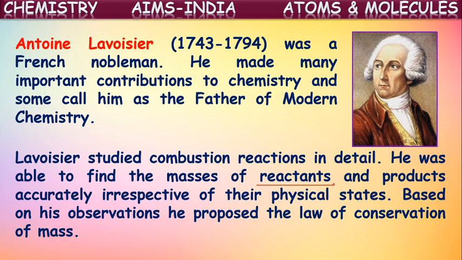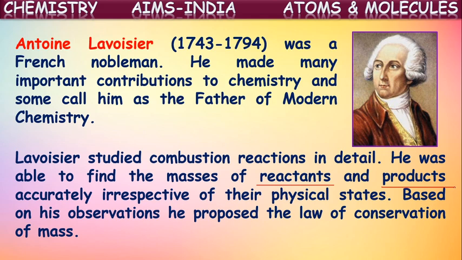The chemical substances which are involved in the chemical reaction to form new substances are called the reactants. Now, the chemical substances which are formed in a reaction are called the products. In the same reaction, iron reacts with atmospheric oxygen in the presence of moisture to form rust.